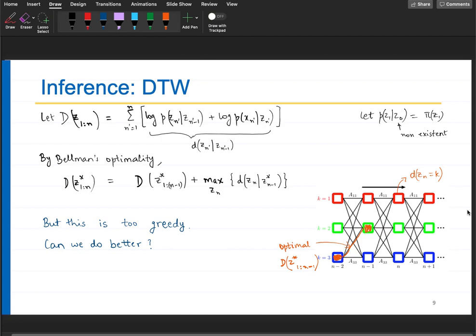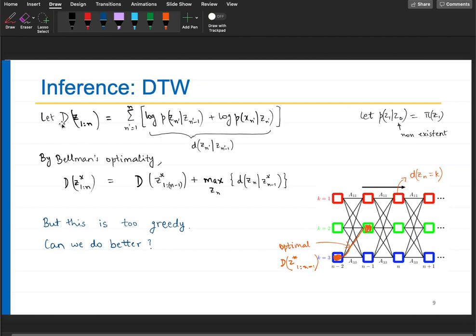For that, I have to formulate my cost associated with each node as well as the total cost function. So this is my total cost function, capital D. I have kept the same notation. This notation is not generally used for HMMs, but to be consistent with our DTW discussion, I kept the same notation. Notation can be anything.